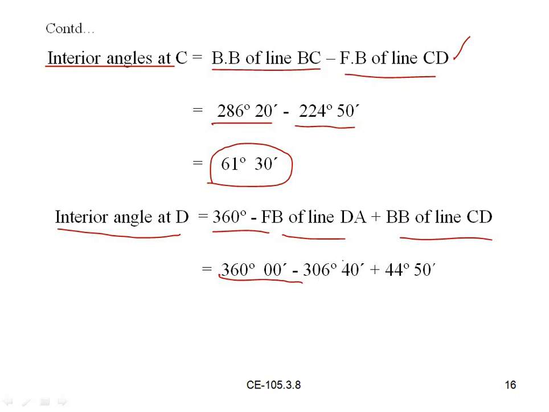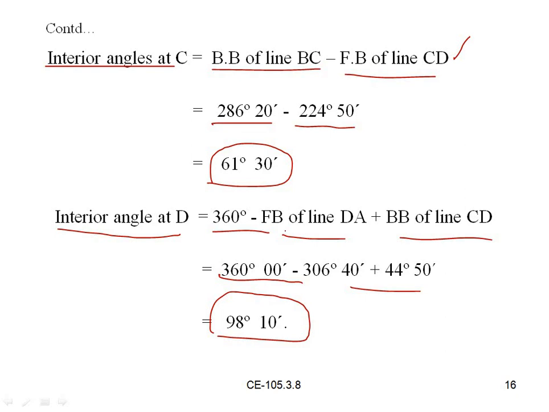Because it is nearer to 360 degrees, that is 306 degrees 40 minutes. The back bearing of line CD is added. Why? Because if you do 360 minus 306, we will get a very small value. So adding 44 degrees 50 minutes, you will get 98 degrees 10 minutes.